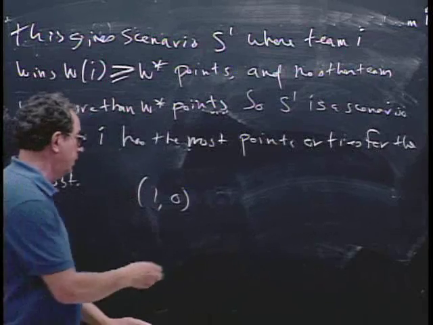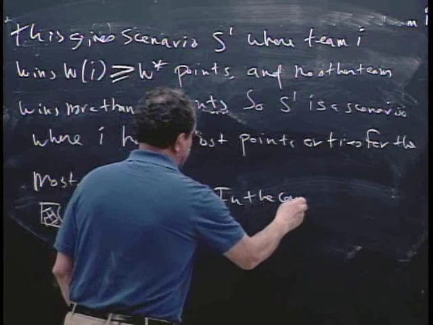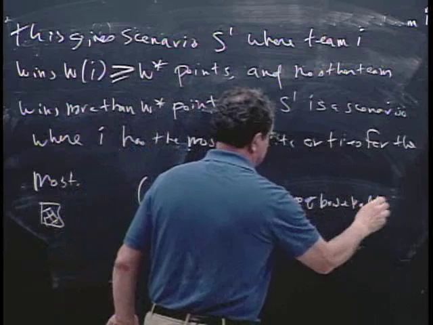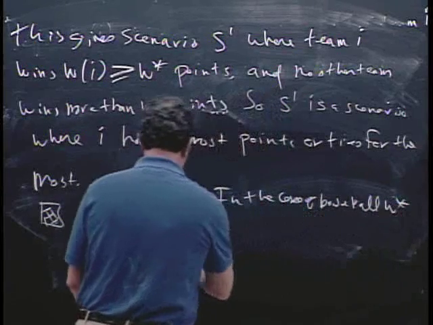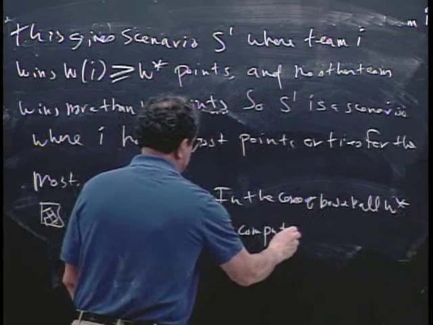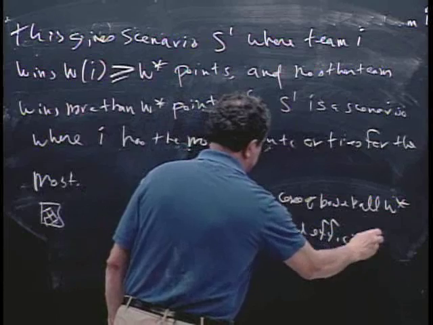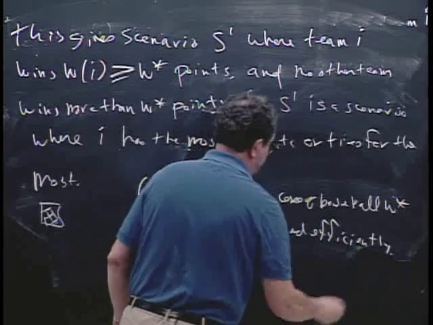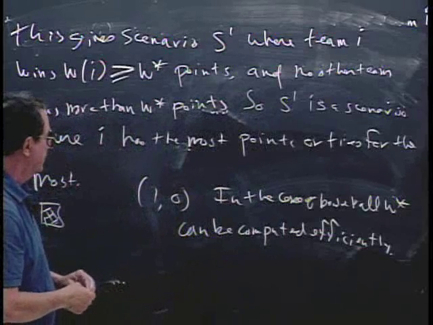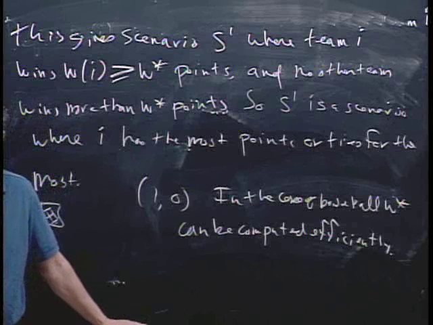So W star in the case of baseball can be computed efficiently. It's also possible to argue that in the case of hockey, W star can be computed efficiently, and that might be left as a homework.